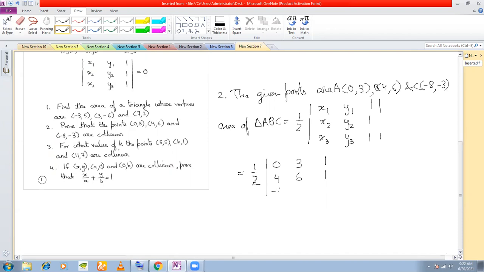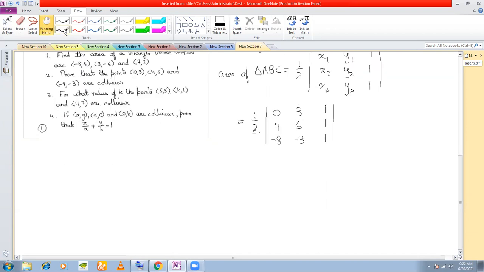And x3, y3 is -8, -3, 1. Now we can find out the value of this determinant by expanding simply. First of all, let us expand along the first row. You can do it along the first column also. Plus, minus, plus. These are the signs. So plus 0 into whatever, 6, 1, -3, 1 is this minor, right?